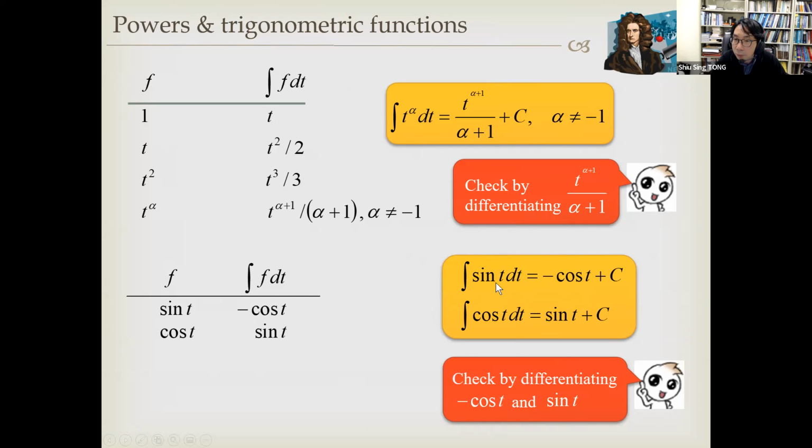If you go from sine to cosine by integration, you have a minus sign, while if you go from cosine to sine, you don't have a minus sign. Now you can also check by doing a differentiation. The differentiation of a minus cosine is exactly a sine, right? And differentiating sine is cosine. So that's why these two formulas are correct.